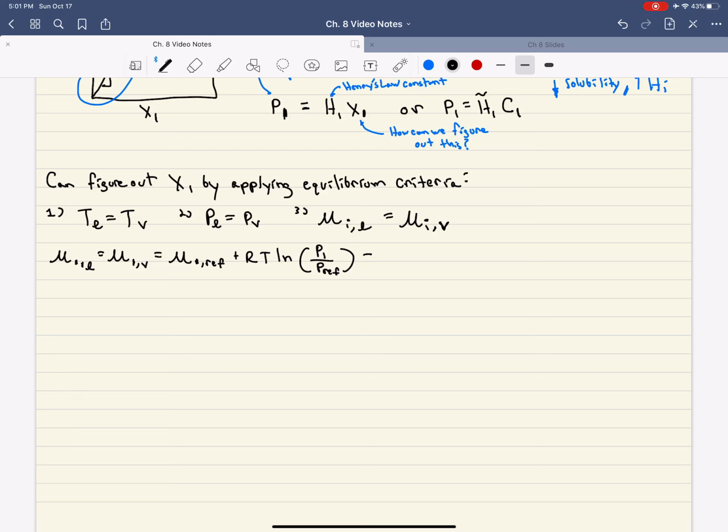And then if I plug in Henry's law, I get this. And then, applying my log rules, I split out the RT ln of x1 term.